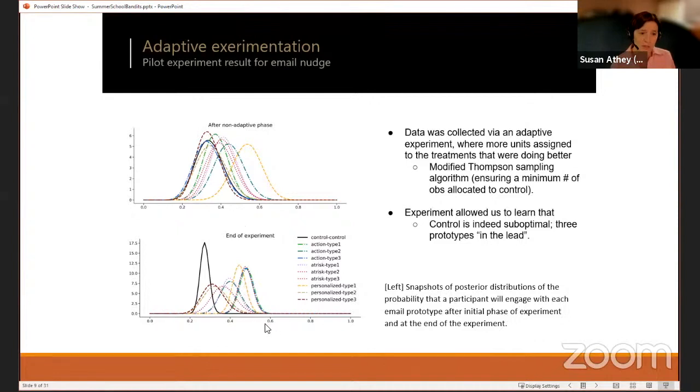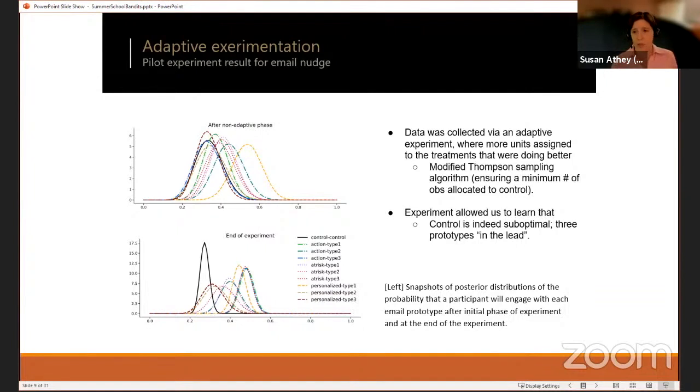But by the end of the experiment, some arms, like this maroon arm, have a pretty wide spread. We figured out pretty quickly that was a bad arm and didn't allocate as much data to it, while there's a couple of leading arms. So that's how the experiment looked at the end, where there were two that were pretty similar, and we couldn't tell them much apart. And they had been getting progressively more data as we got to the end of the experiment.